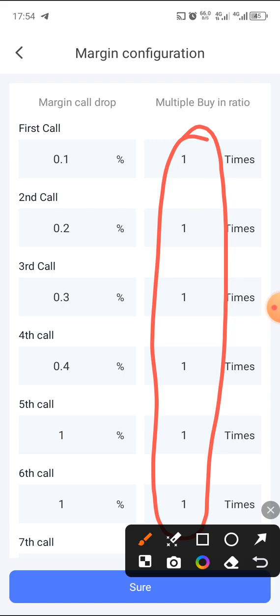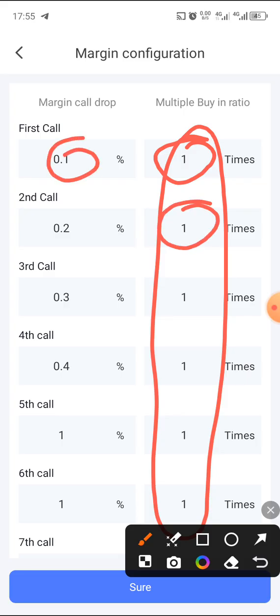So some mathematics is going to apply. Some mathematics, of course, it has to apply. So let's open our calculator. Our goal, how much do we want our robot to buy here when the market drops by 0.1?